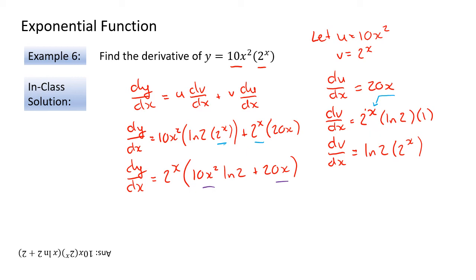So factoring out a 10x, sorry, I forgot to factor out the 10x we just talked about. So dy by dx is 2 to the exponent x times 10x, and then in brackets, we can remove 10x from both of these expressions. So we're left with just x ln 2 plus, and if we remove 10x from the second one, we're left with just 2.